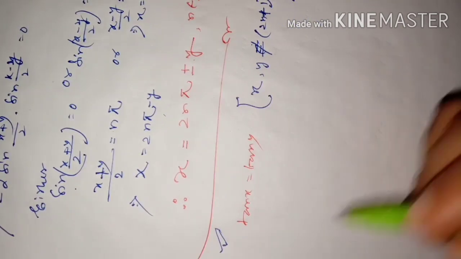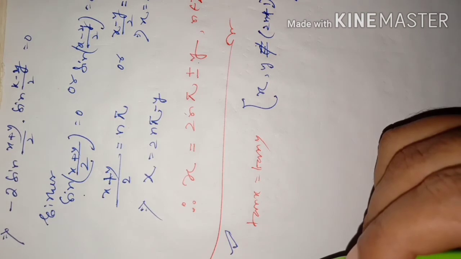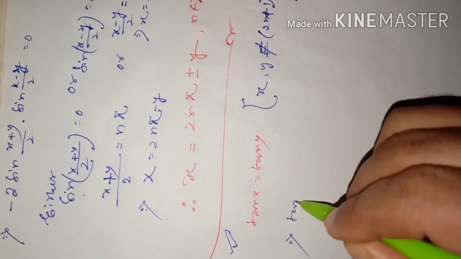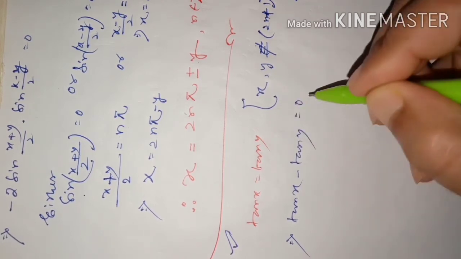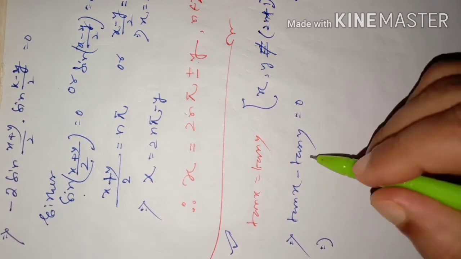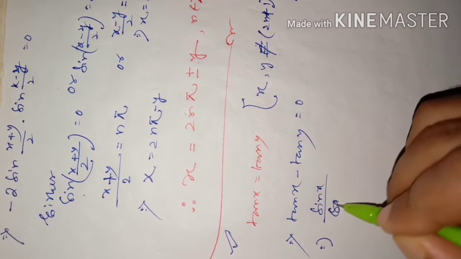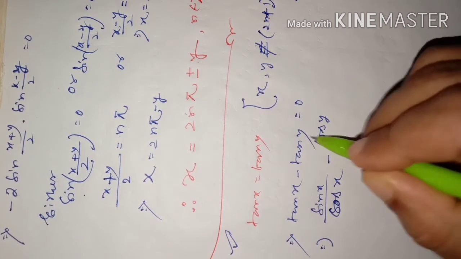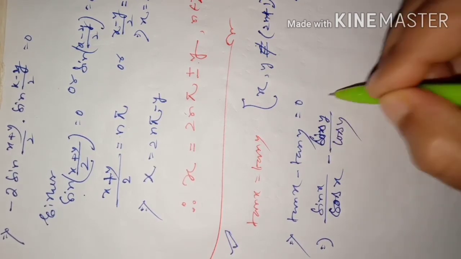So dear students, here also you can do like this. If we write this as tan x minus tan y equal to 0, and we open this tan x and tan y like this: sin x by cos x minus sin y by cos y is equal to 0.